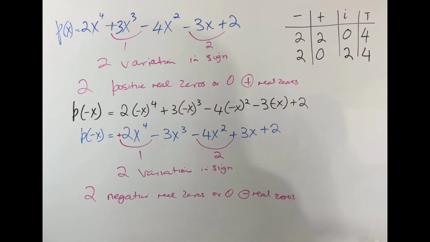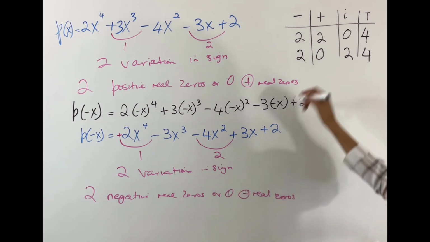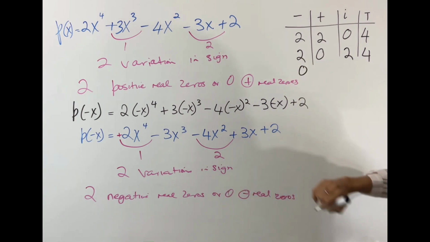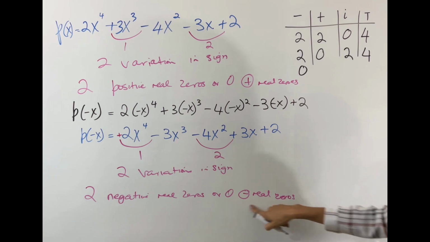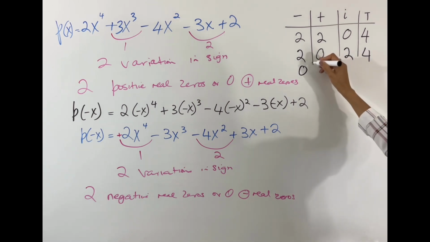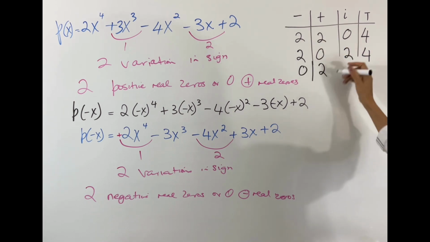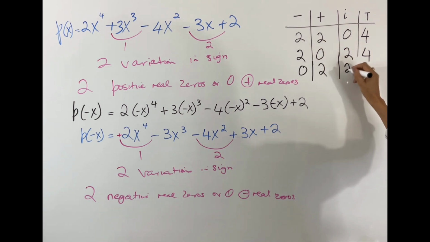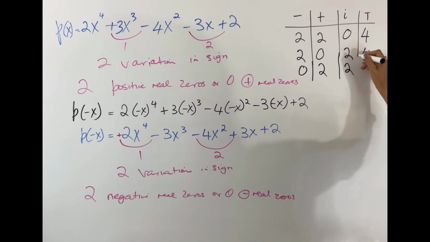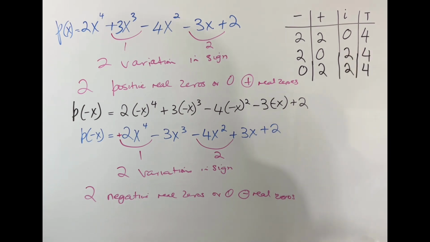The next option is that if we have 0 negative, then we can also have the two positive, and we can also have the two complex numbers, and we still end up with 4.